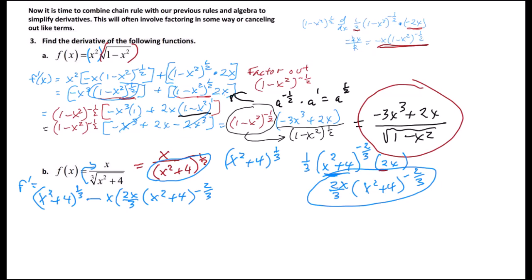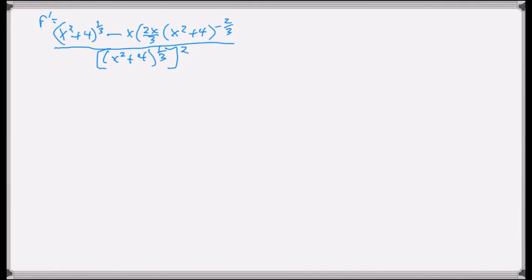All of that is over our denominator squared, so that's going to be x squared plus 4 to the 1/3 squared. Okay, I copied this over to a new page because we were sure going to run out of room on this one.